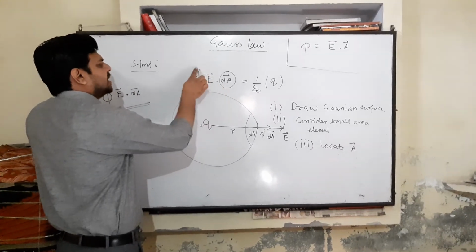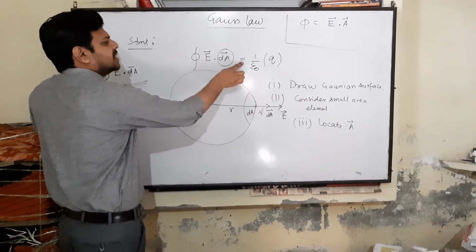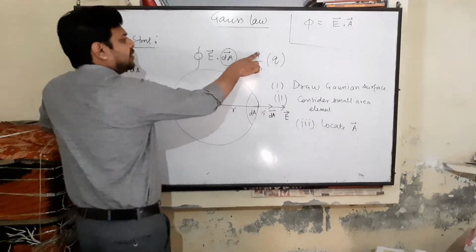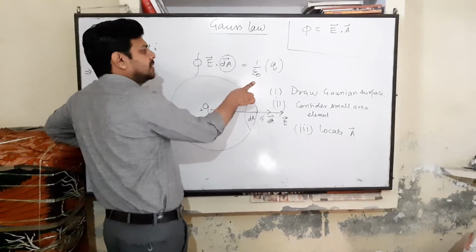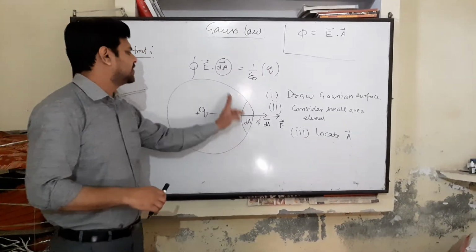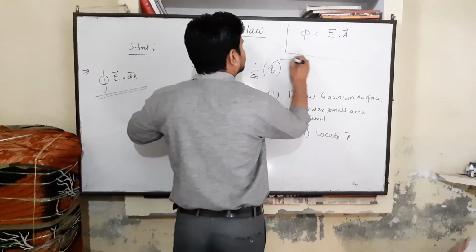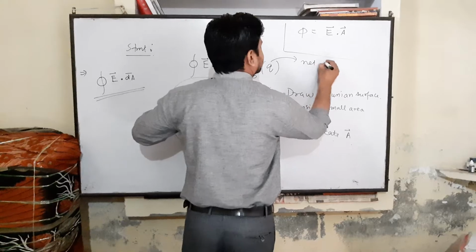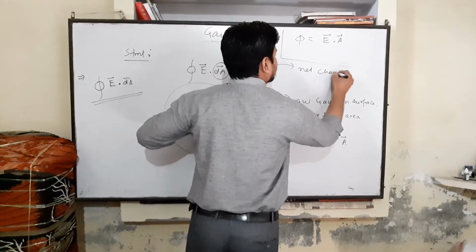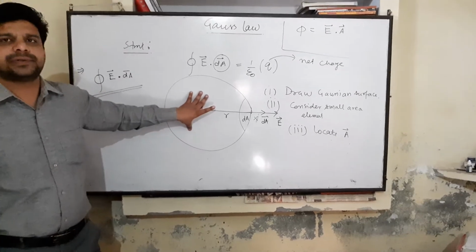The surface integration of electric field over a closed surface is equal to 1 over epsilon naught times the charge enclosed within this Gaussian surface. This Q is the net charge enclosed in the Gaussian surface.